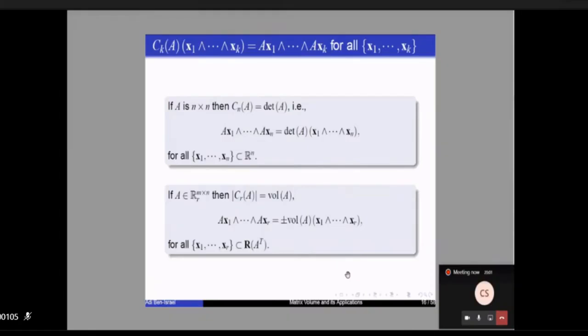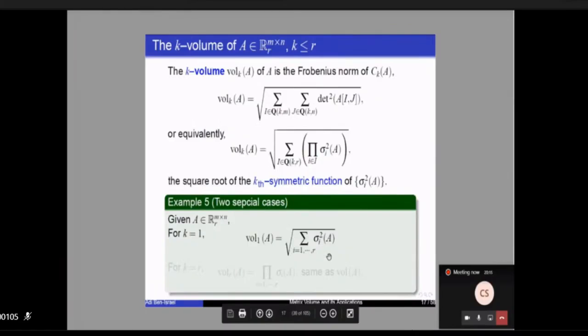If the matrix is m by n of rank R, then the absolute value of CRA is the volume of A. And the same relation for any R vectors has plus minus vol A in front. The compound matrix allows us to define some intermediate volume.